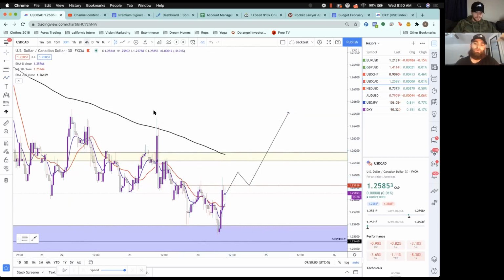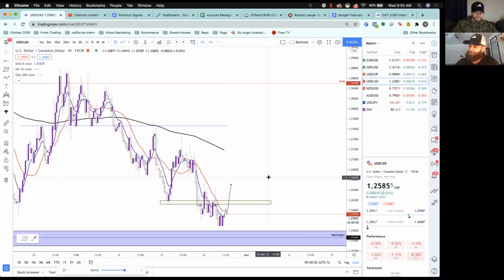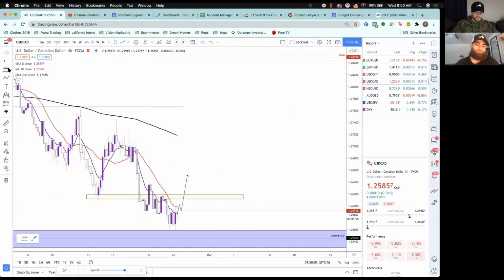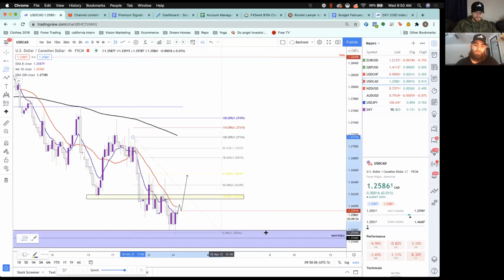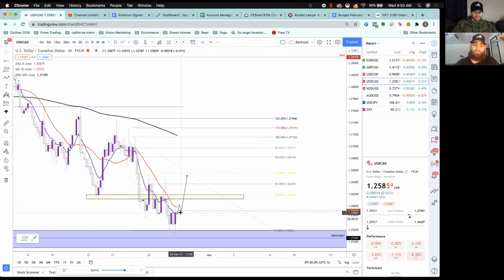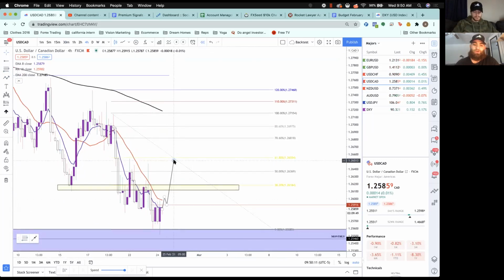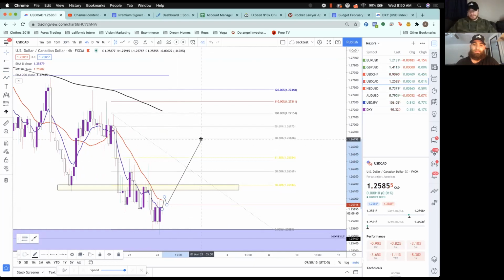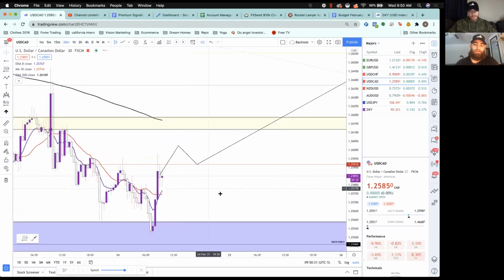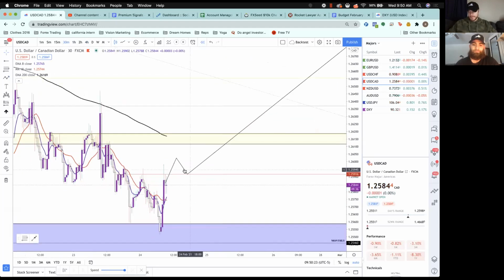And remember, the overall trend is bearish. So this was our overall fib here. If that breaks on the 30-minute, then I'm going to start to long first into this level, and then next into this level up here, because this is the next resistance all in here. So that's my immediate trade idea on UCAD.